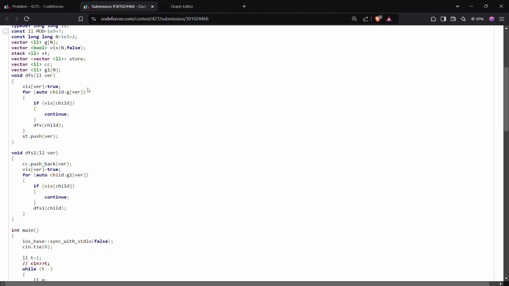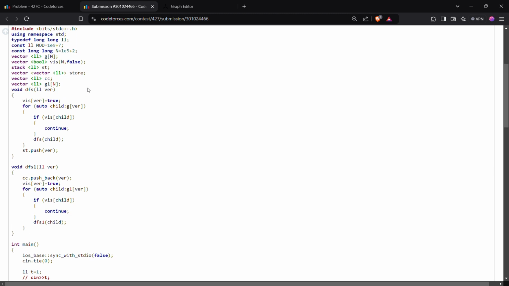Okay, and if you don't know really how that works, let me give you a brief idea. Suppose there are strongly connected components in the graph: strongly connected component 1, strongly connected component 2, strongly connected component 3.